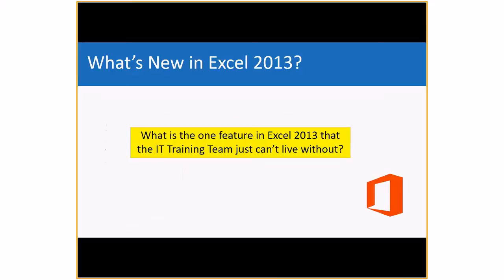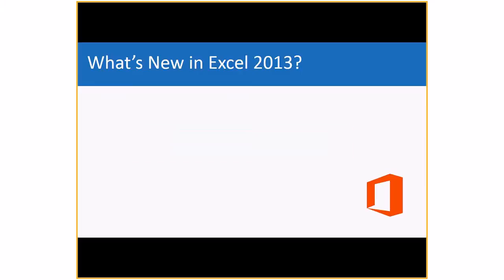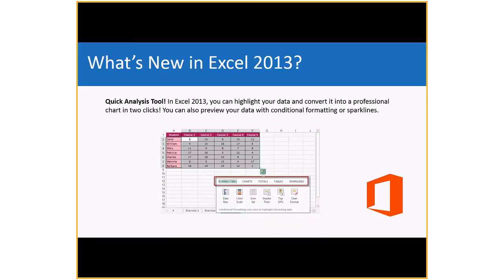Okay, so what is the one feature in Excel that the IT training team cannot live without? It's the quick analysis tool. We just love this tool. All you have to do is highlight your data and just rest your mouse on this box right here. It will allow you to create a chart, create tables, do totals, reformat.